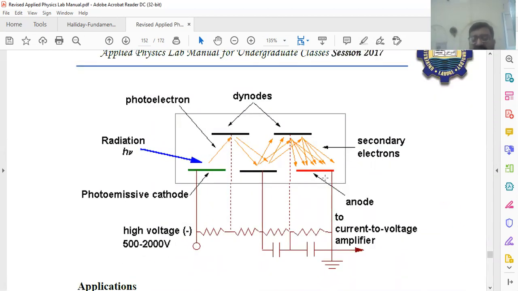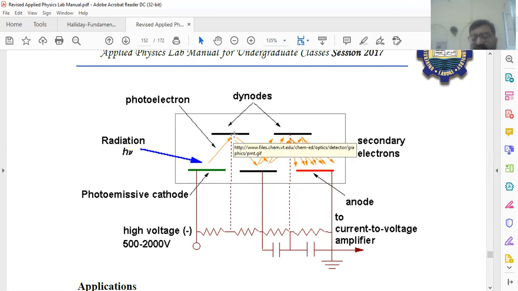So this is the schematic diagram of the photomultiplier tube. At the start of the circuit, we see photon radiation falling on the cathode material, but the next anode material is at a higher potential than this cathode material. Electrons ejected from the cathode are accelerated towards the anode with many times higher kinetic energy than normal.